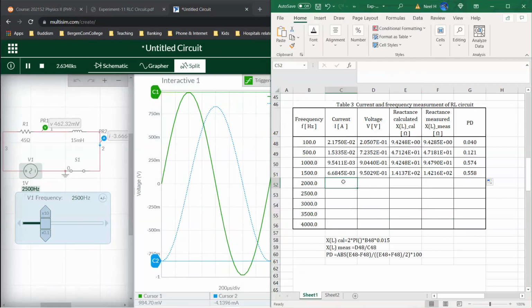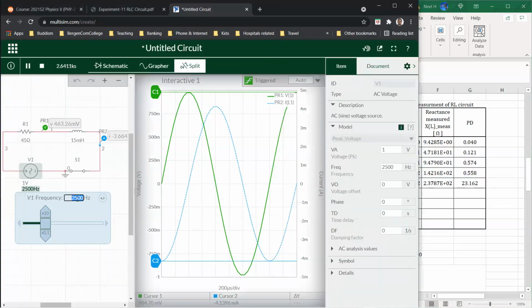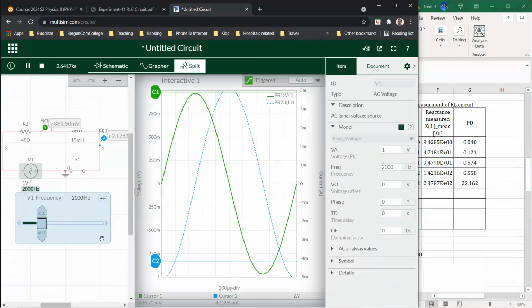All right, the current is 0.0041396 and the voltage is 0.98470. And all of these I can click and drag. Oh, I did 2500. I should do 2000, right? That's why.